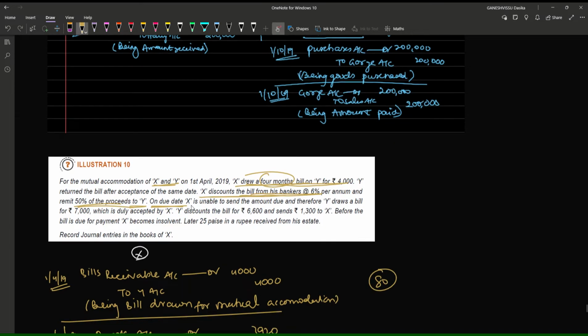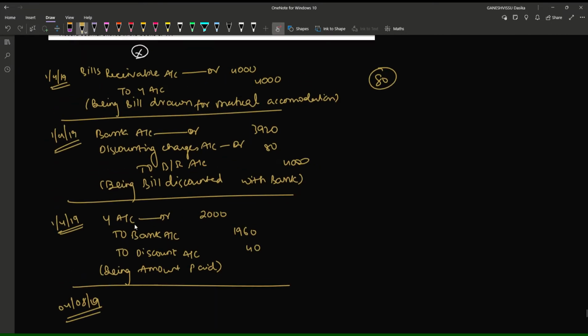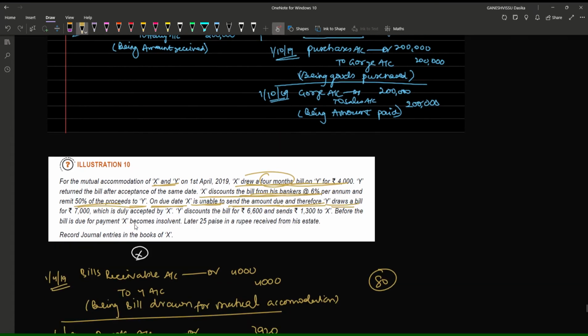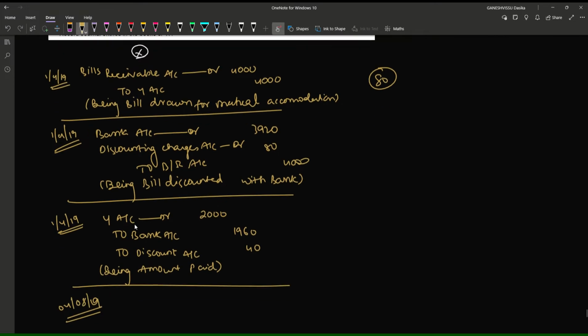X is unable to send the amount due, and therefore Y draws a bill of exchange. So on the due date, the bills receivable which X is having, and due to insufficient funds, we have not paid the amount of rupees 2000 to Y. For which what entry are we going to write?